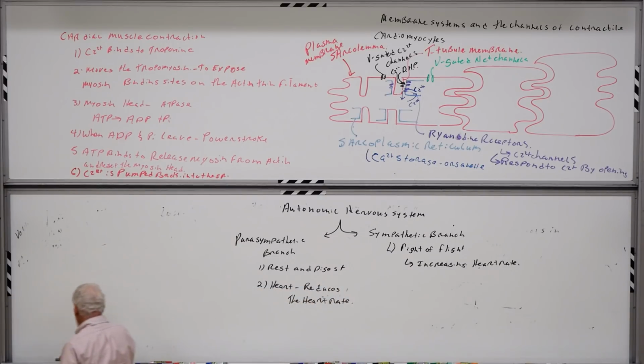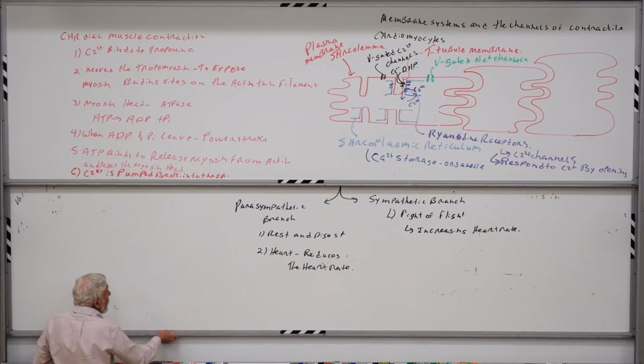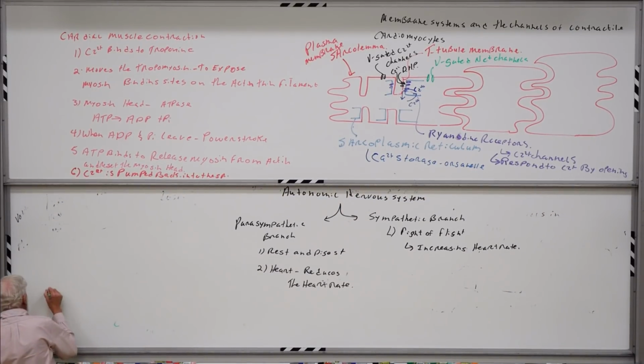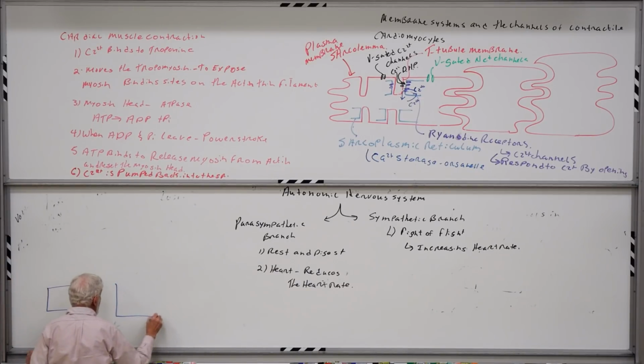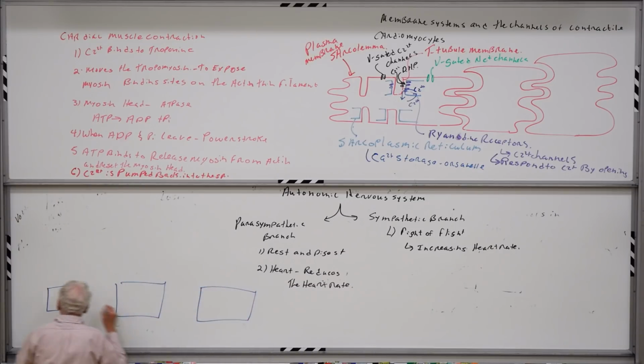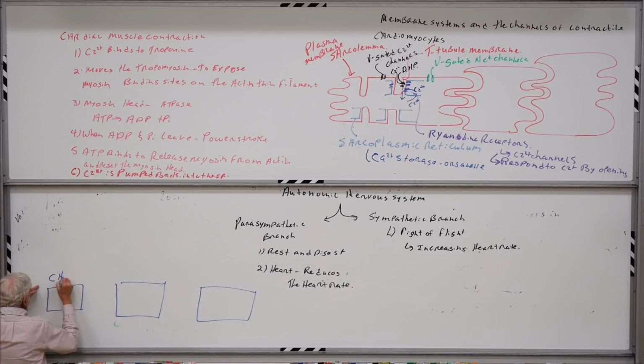In the last couple minutes, let me lay out a generalization. Regardless of which branch we're talking about, we can divide this thing into a kind of three-box system. The first box is the central nervous system.